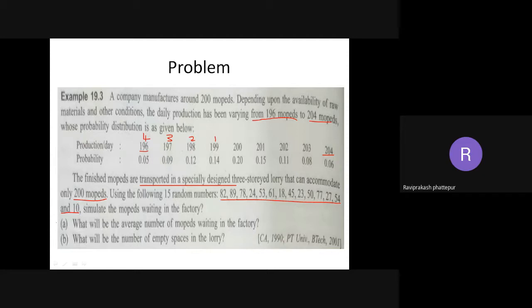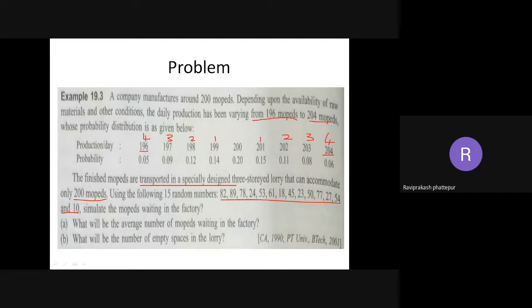Then what will be the average number of mopeds waiting in the factory? That means more than 200. If you see here, 200 it will be 0, it will be 1, 2, 3, and 4. So how many mopeds you are basically making more than the transportation possible? So that is what they are asking you. Okay, so what to do now?